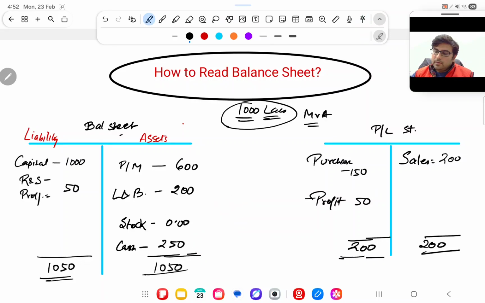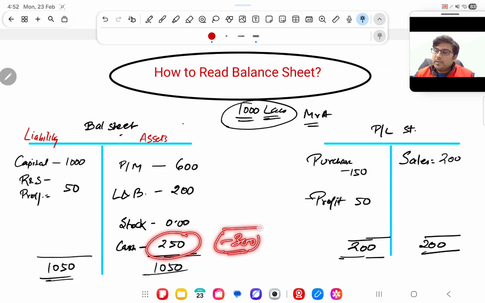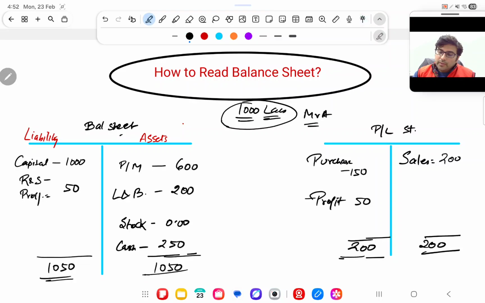Now let's take another example. We'll continue this case study also. Let's say the company has purchased goods worth rupees 300. But you will say how can the company go for a 300 purchase. Now what the company has done, they were falling short of funds, so they approached the bank and they have gone for a CC limit of, let's say, 50.